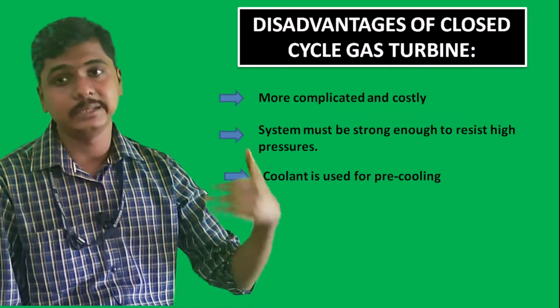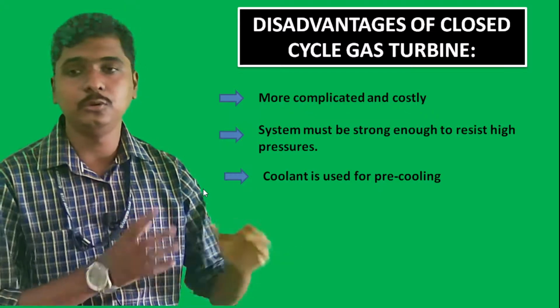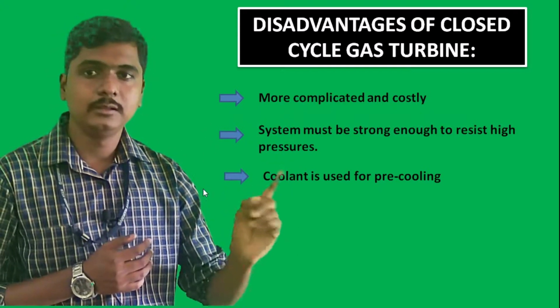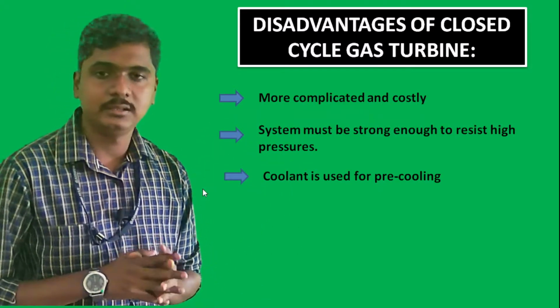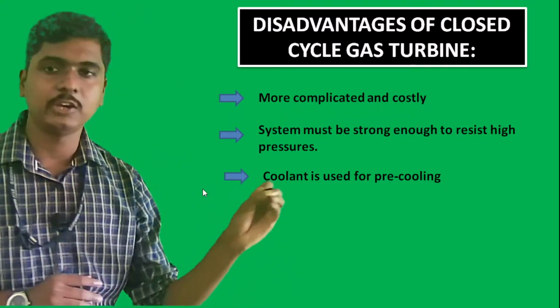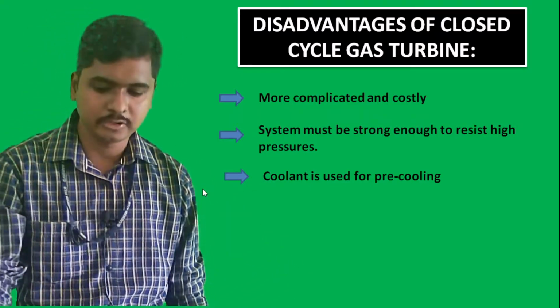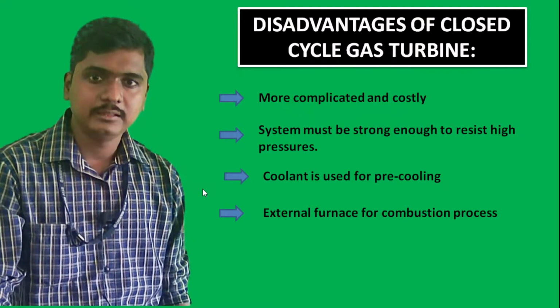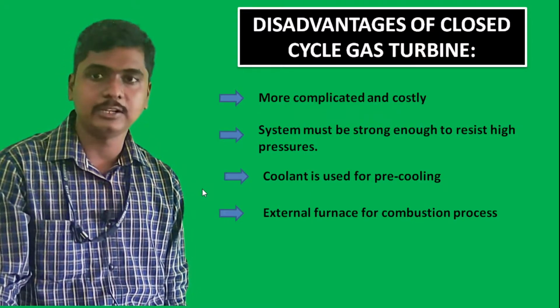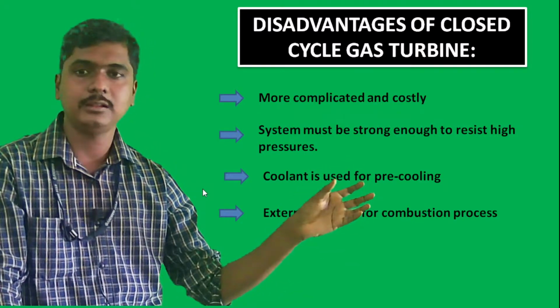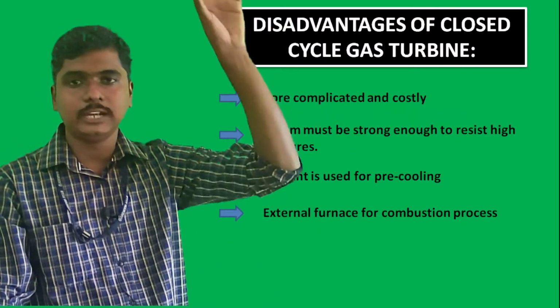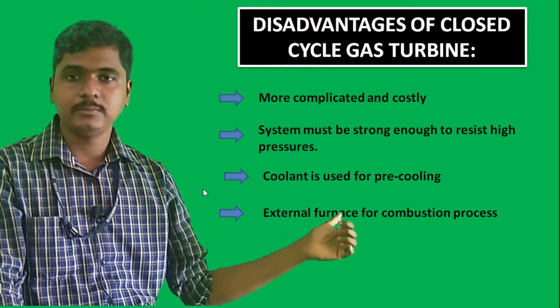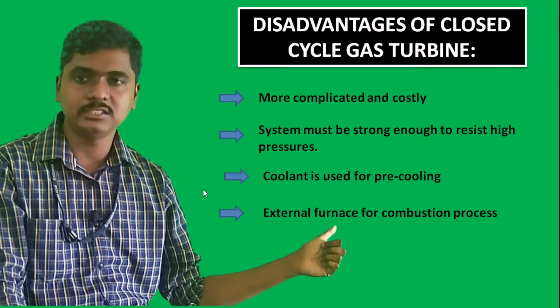Now here, since temperatures are high, we need to provide some coolant for the components to maintain thermal stability or to take away the heat as much as possible. Then an external furnace is also required, because I told you here we are using a heat exchanger, and that's why in place of a combustion chamber we use a heat exchanger.